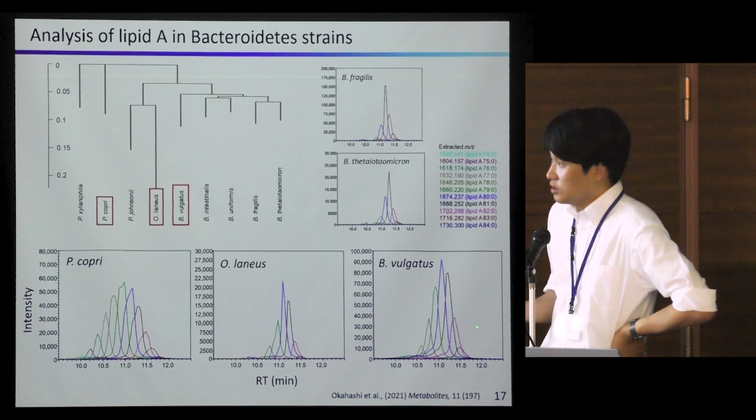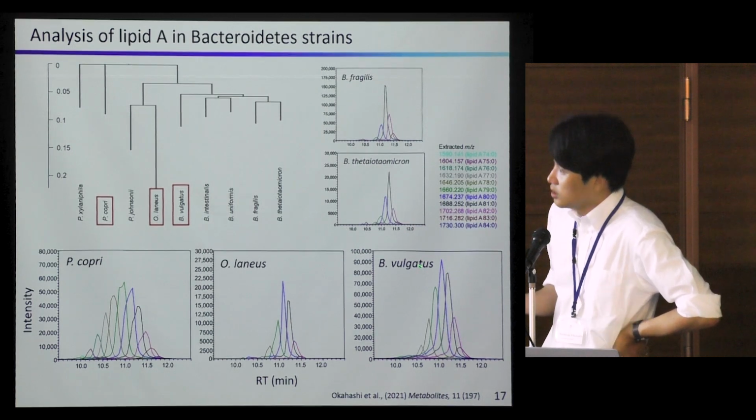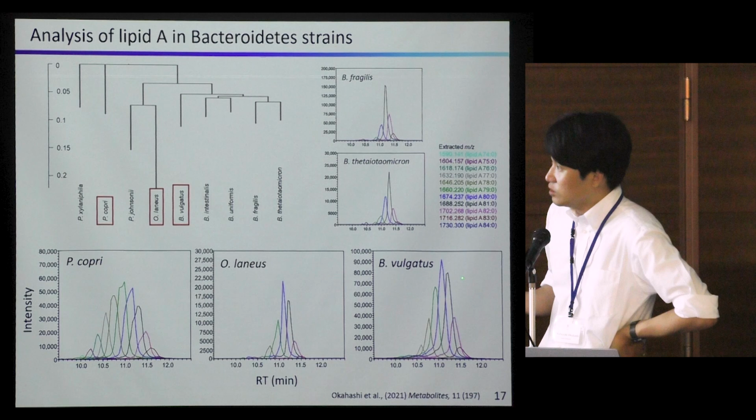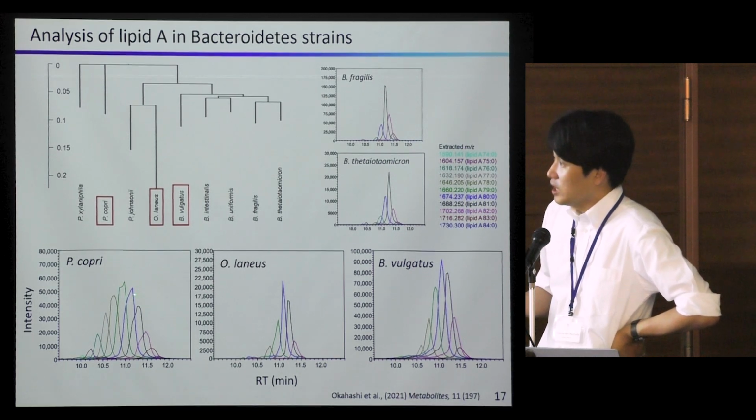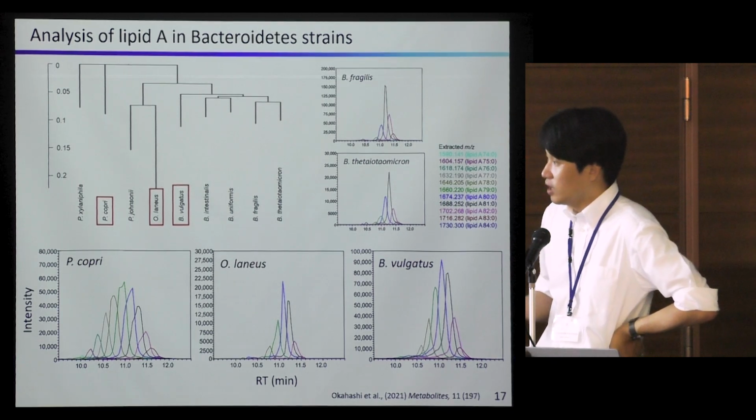This is more complex and heterogeneous because the main structure is not this black one; this 14 Dalton smaller molecule is the most abundant species, and even Prevotella copri has a 28 Dalton smaller one as the main metabolite.